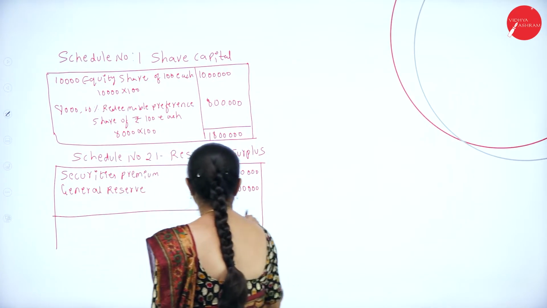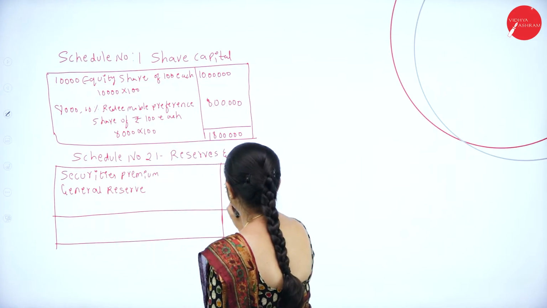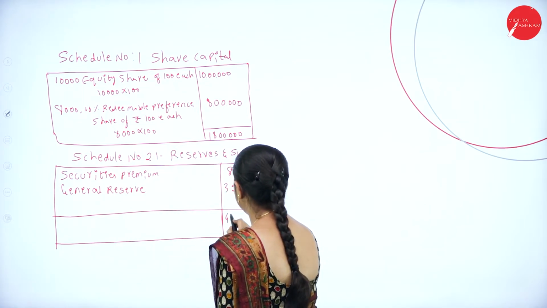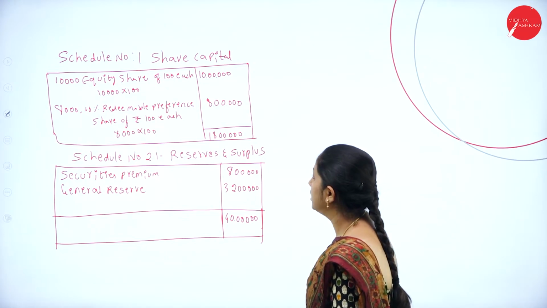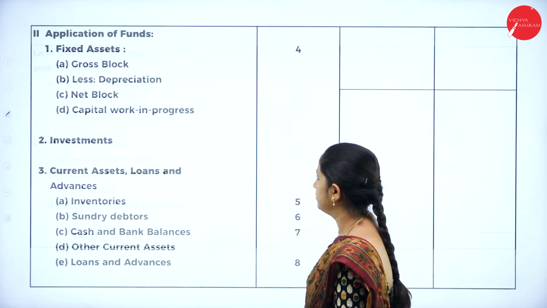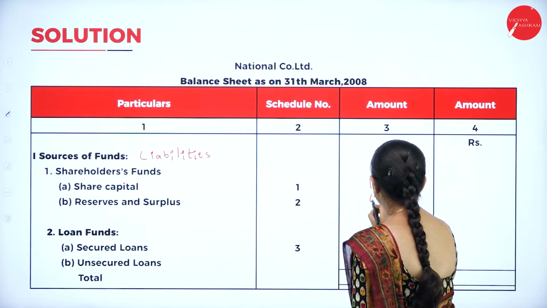Total: 32 lakh plus 8 lakh, 40 lakh. So 40 lakh is Schedule 2. So write Schedule 2, 40 lakh.